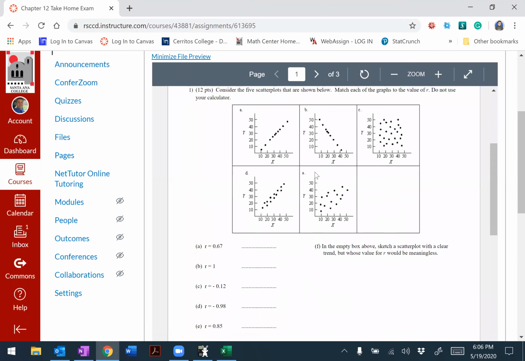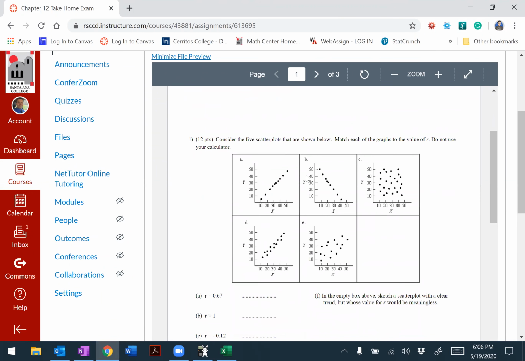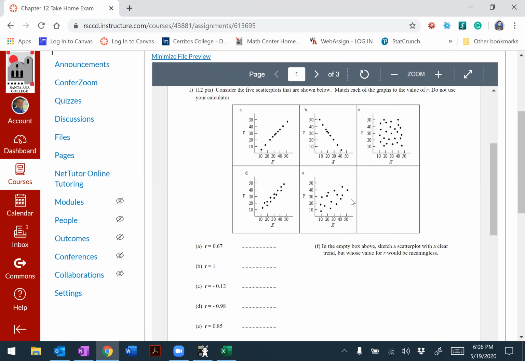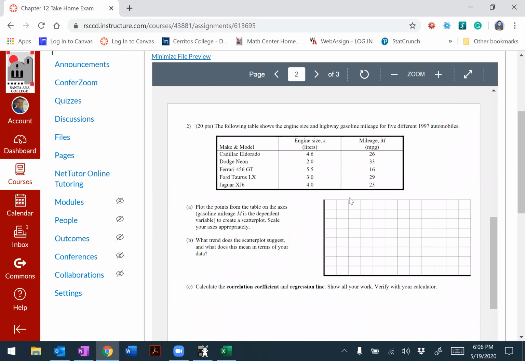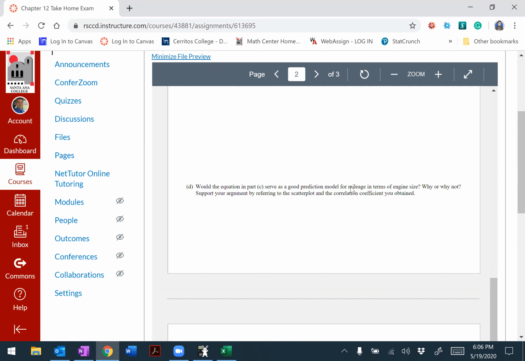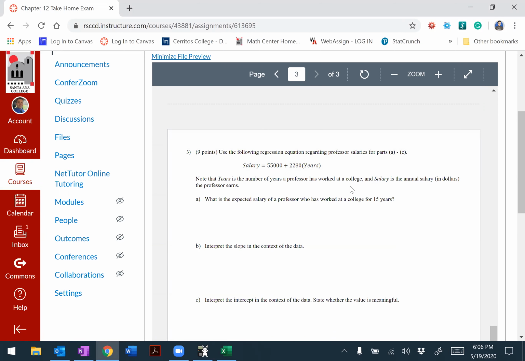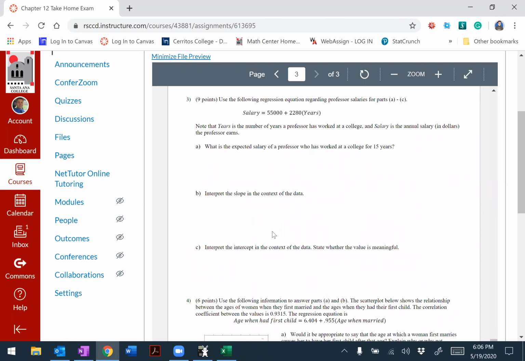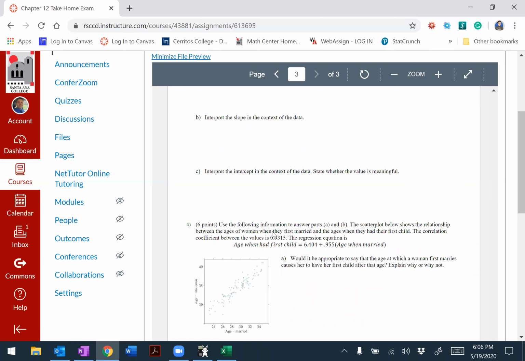Here are the questions and some graphs, and you calculate the correlation coefficient and the regression line, and that's about it.